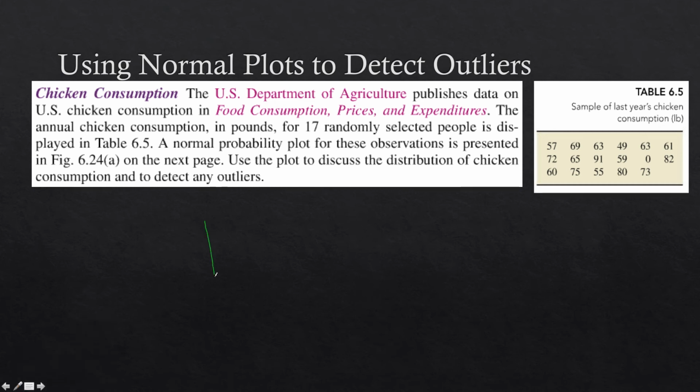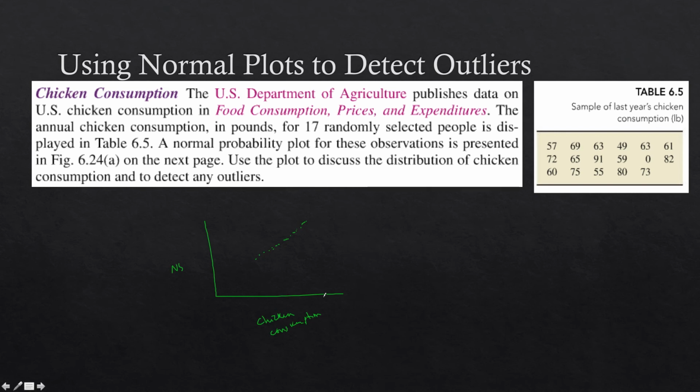Let's suppose we had normal scores here, and this is chicken consumption here. It is a nice line, so looking at that, we would say it's normally distributed. The normality is good.